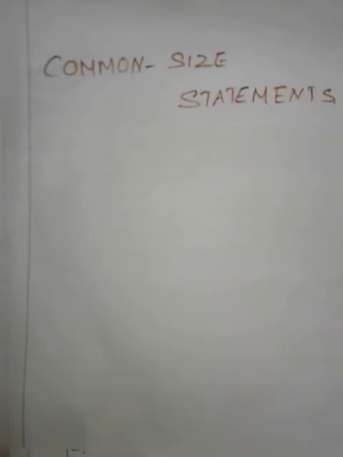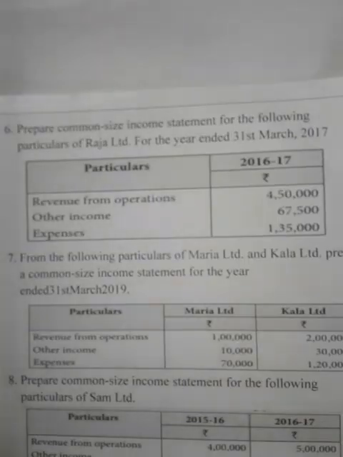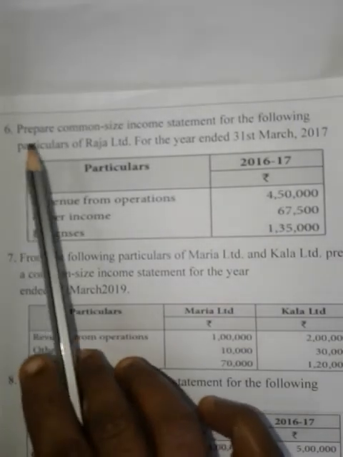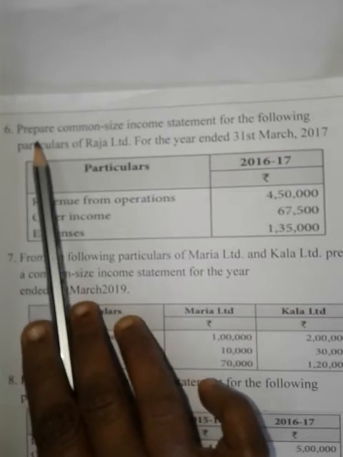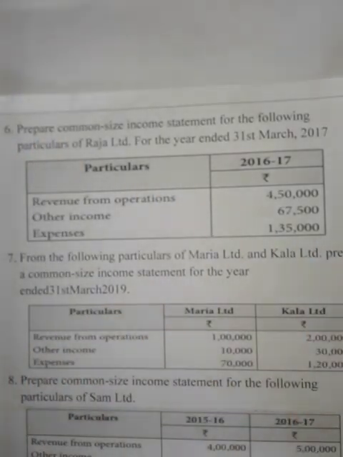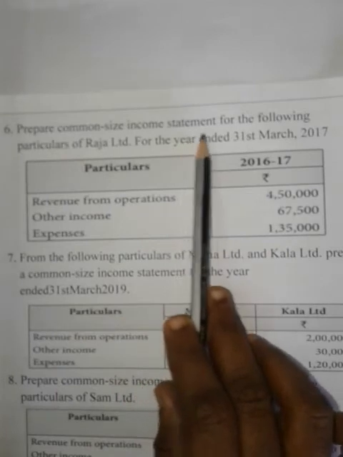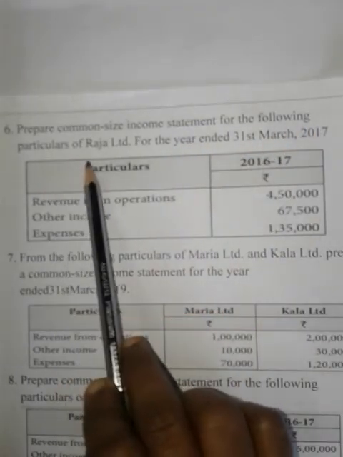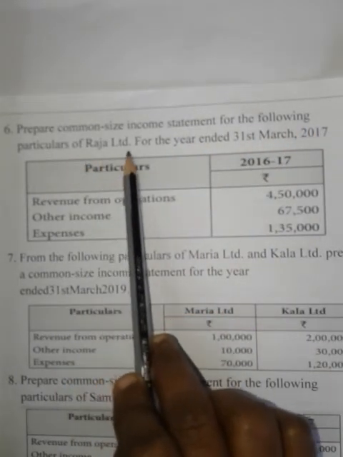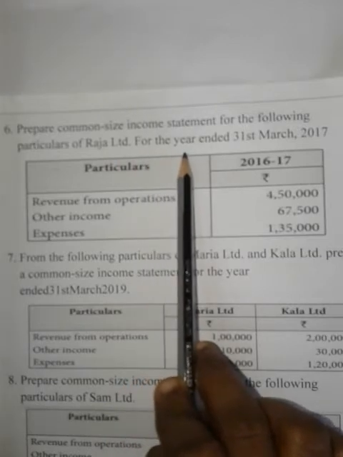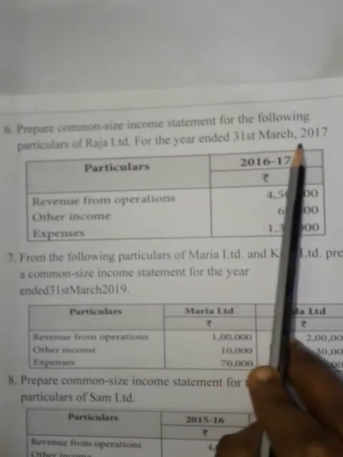Shall we move to the problem? Can you see this problem? Exercise number 6 in your book, page number 288, common size statement. Prepare common size income statement for the following particulars of Raja Limited for the year ended 31st March 2017.